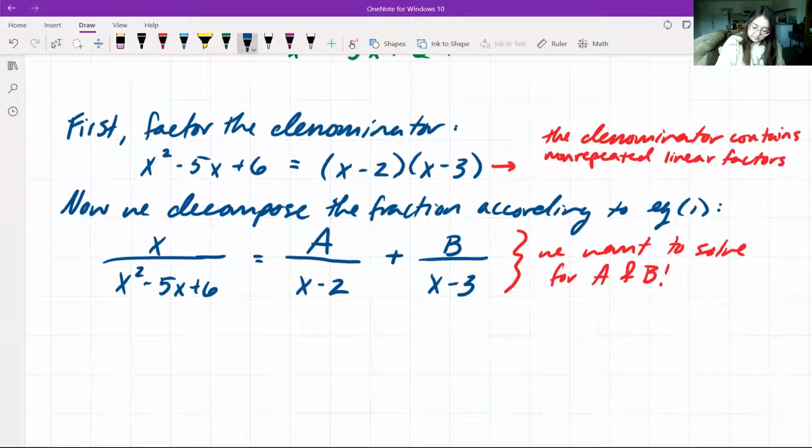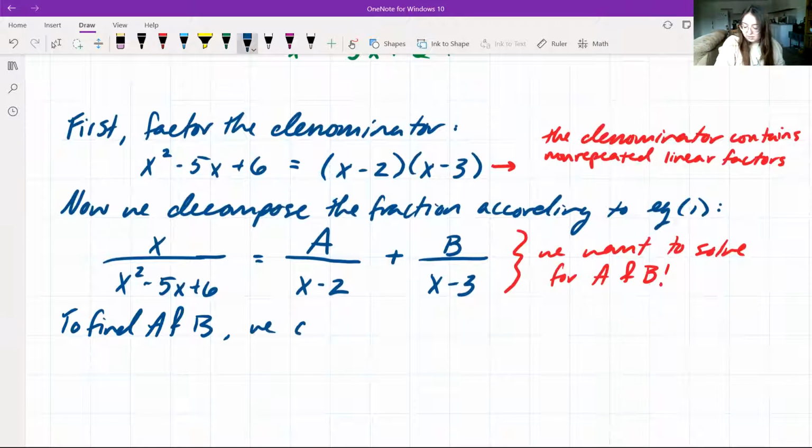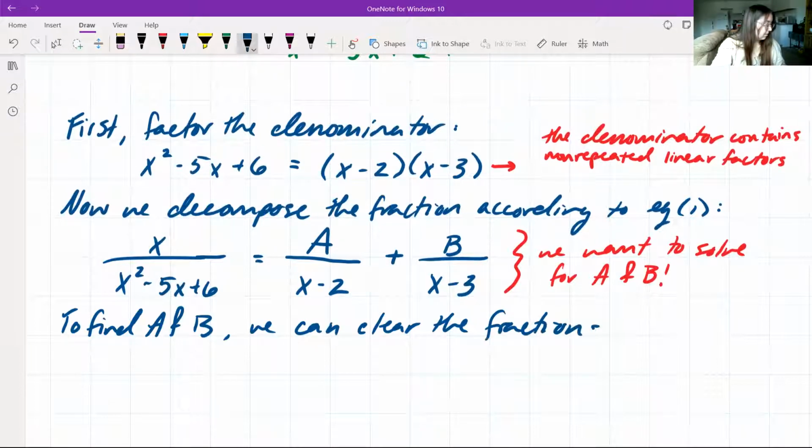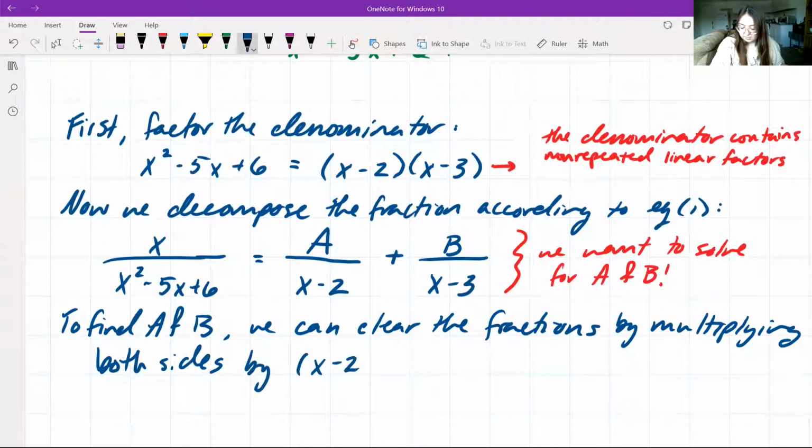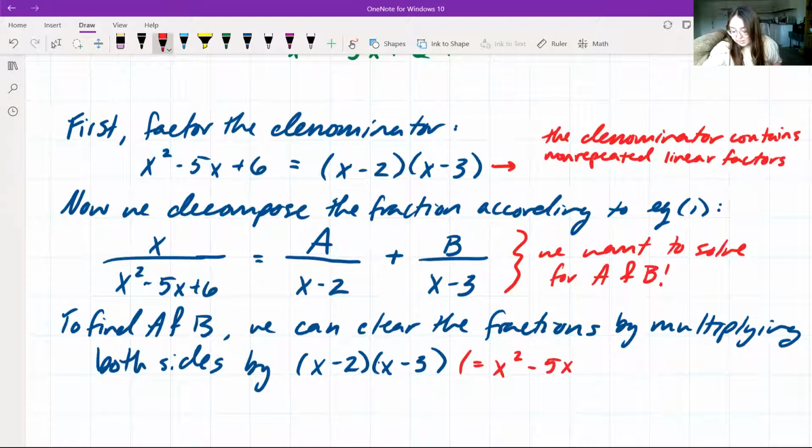All right, so to find a and b, we can clear the fractions by multiplying both sides by x minus 2 times x minus 3, which we know is also equal to x squared minus 5x plus 6.